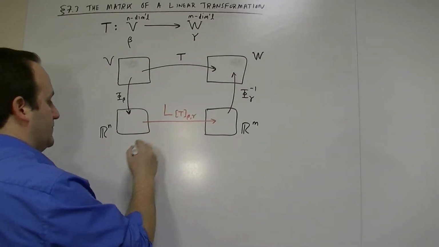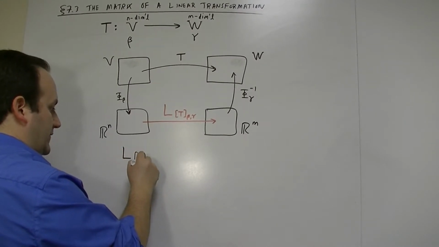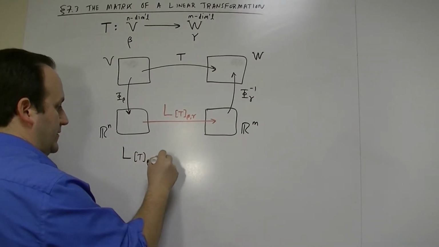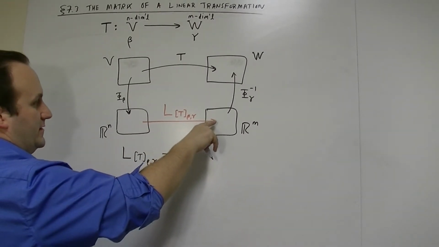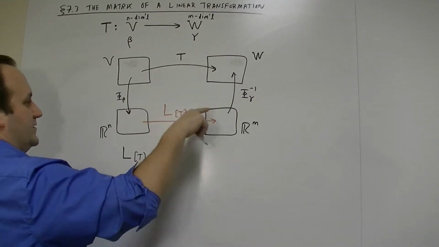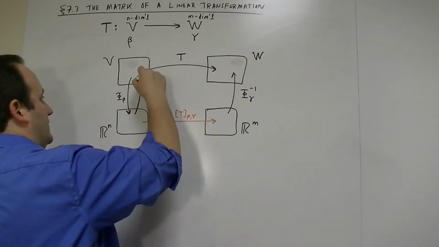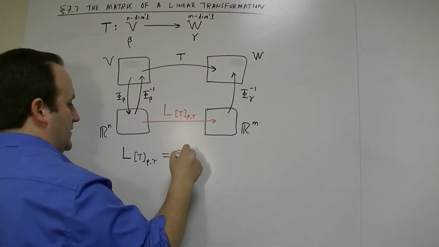So let's see here. I can say that the matrix multiplication of T beta gamma, this map, is the same as going, to go the opposite way I have to do what? Beta inverse. That's the first.